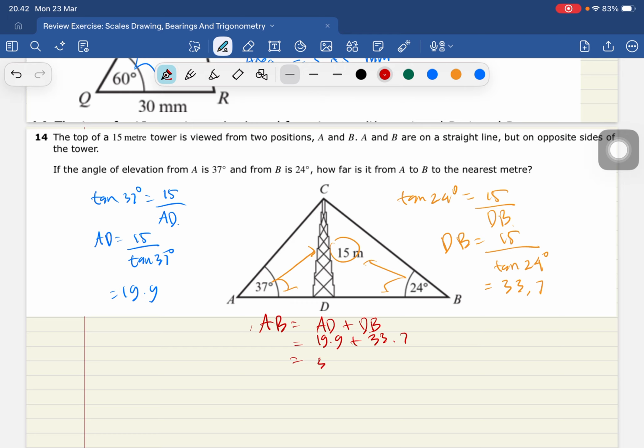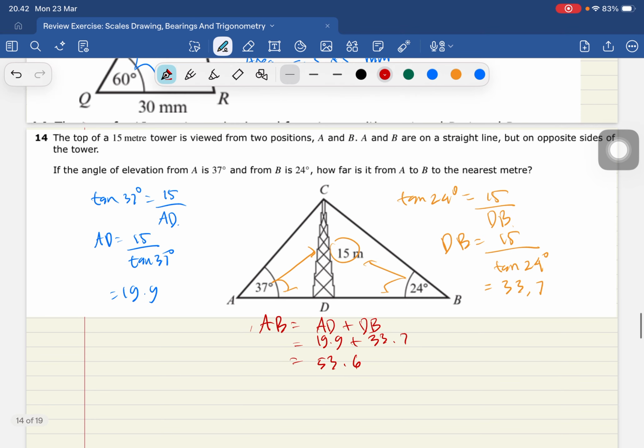So we got the answer of 53.6 meters. As the question asks for the nearest meter, the AB is gonna be 54 meters.